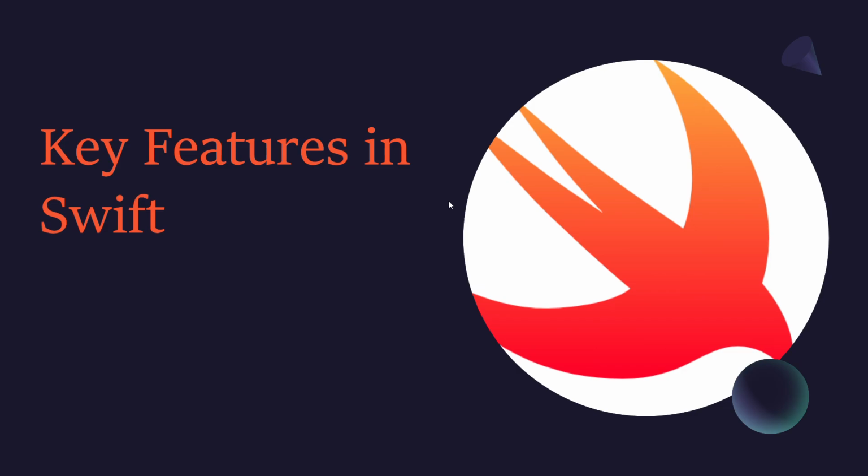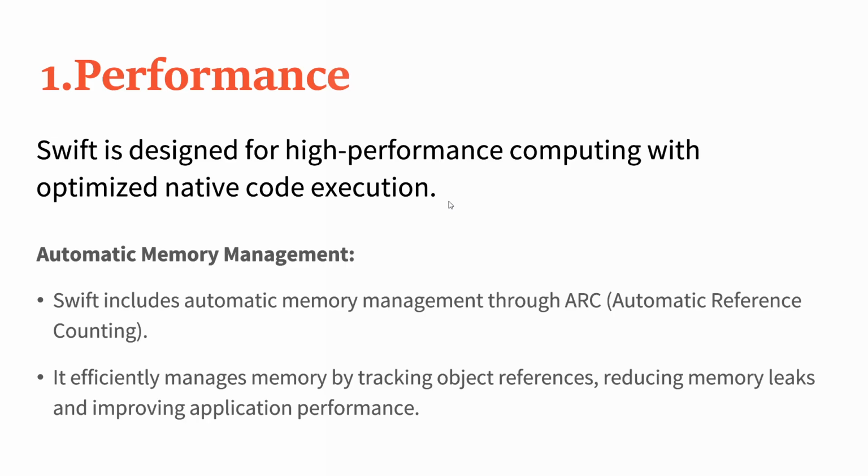Key features in Swift. Performance. Swift is designed for high performance computing with optimized native code execution. It has automatic memory management. Swift includes automatic memory management through ARC, automatic reference counting.